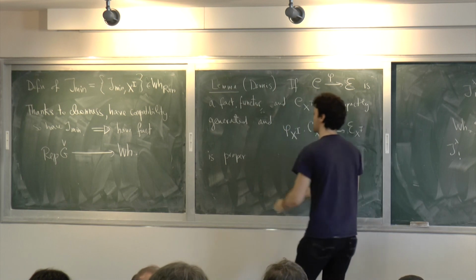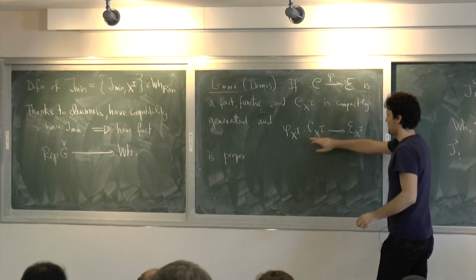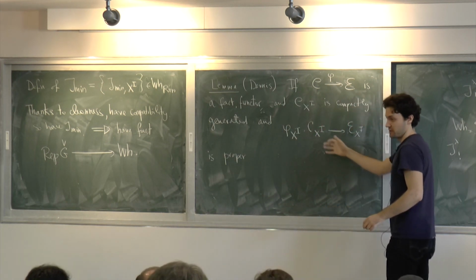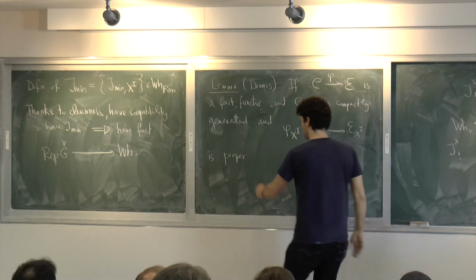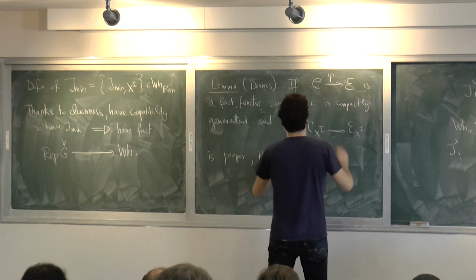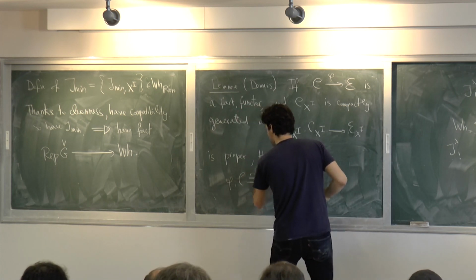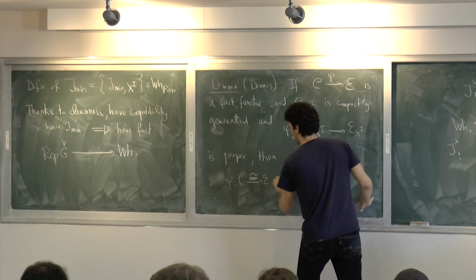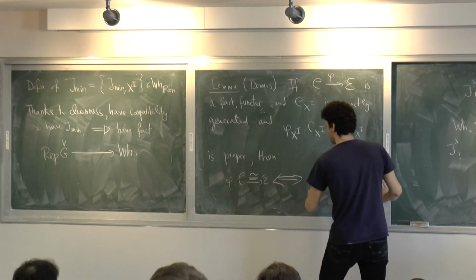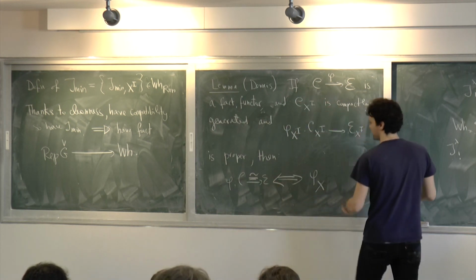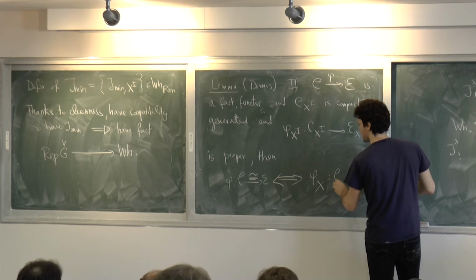I don't know if this term came up, but proper means that this functor preserves compact objects. It sends compacts to compacts. Then the entire functor between factorizable categories is an equivalence if and only if the functor on the first power of the curve is an equivalence.